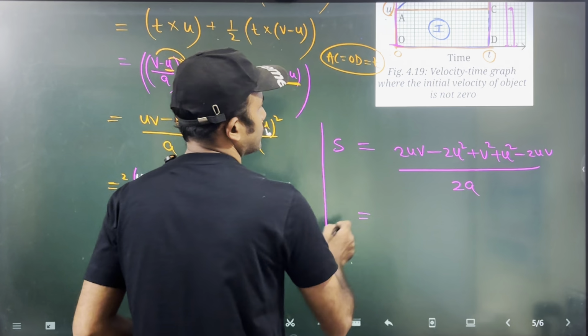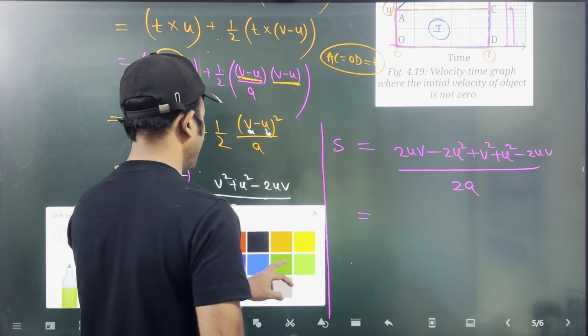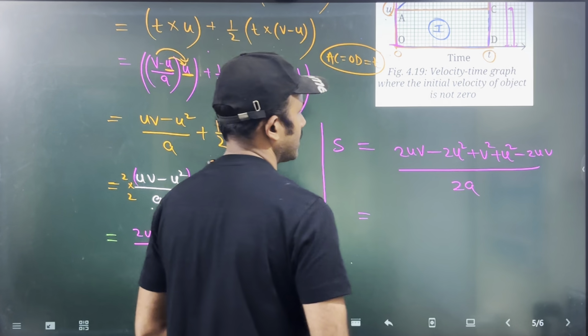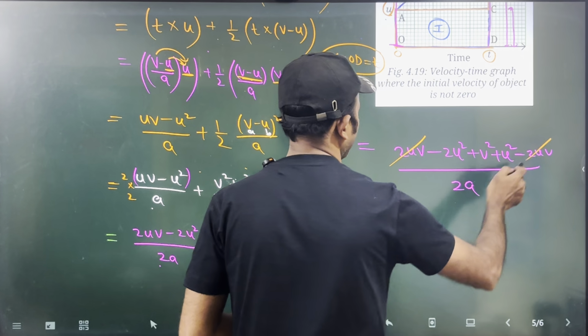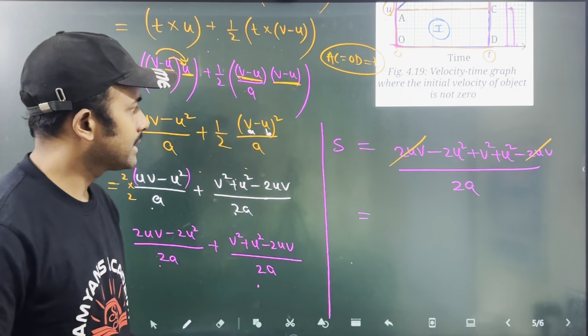Here plus 2uv and minus 2uv get cancelled.